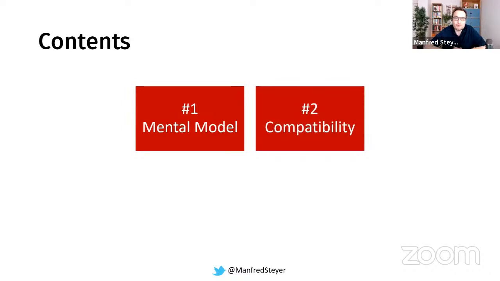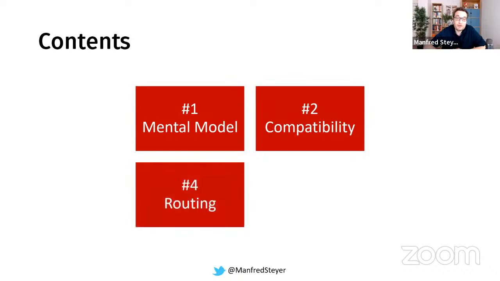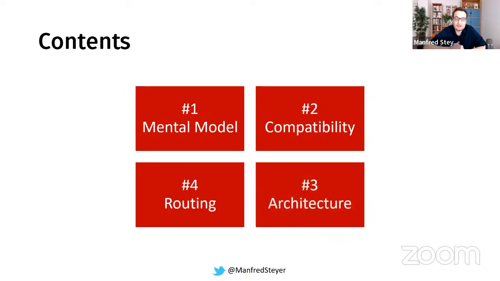What shall we do with old code, with existing code? We will also talk about routing. Currently, the router is really tightly connected to ng modules. What will standalone components mean for routing? And then we will go on with the architecture. I'm going to tell you how all of this will influence your architecture in the future.